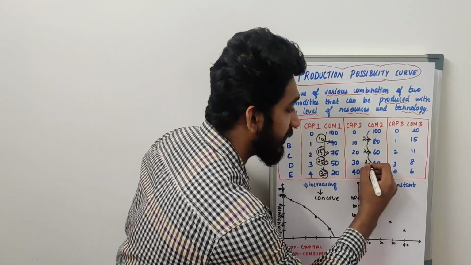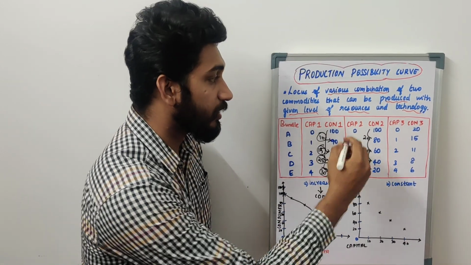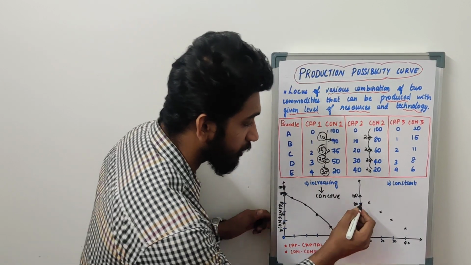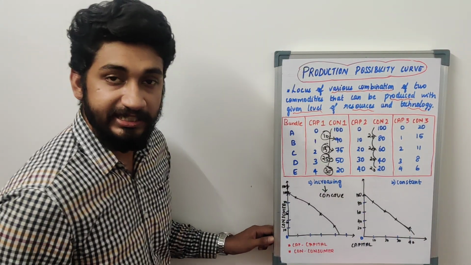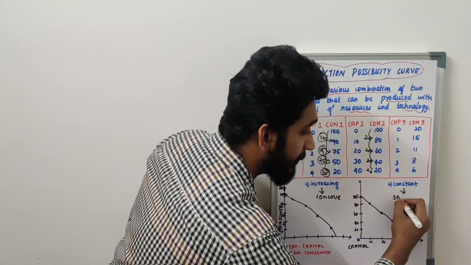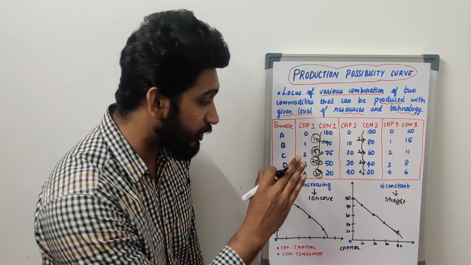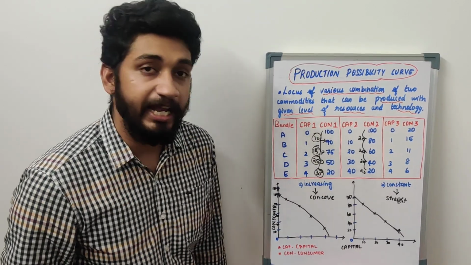For each and every 10 additional capital goods, you are sacrificing 20 consumer goods. So when you join all the points, you get a straight line like this. So for constant opportunity cost, our PPC will be a straight line. For increasing opportunity cost, a concave PPC. For constant opportunity cost, a straight line PPC.